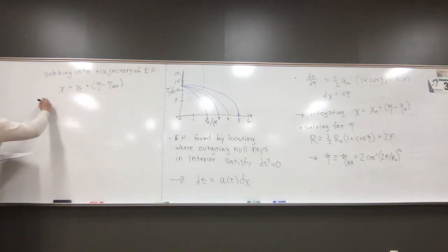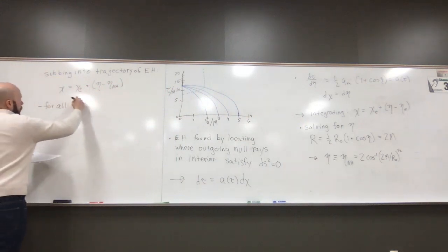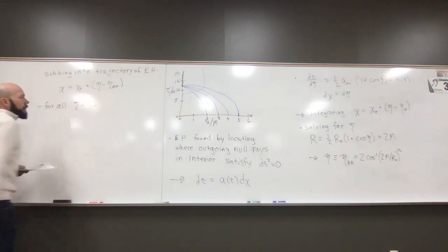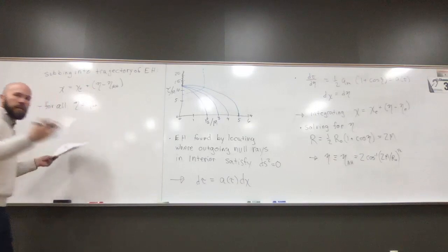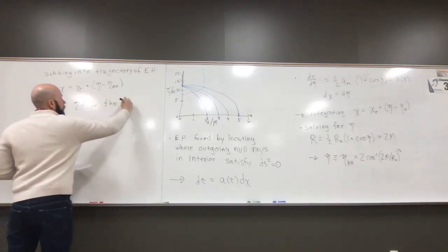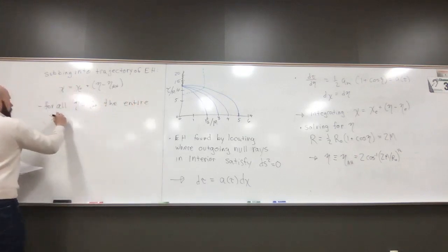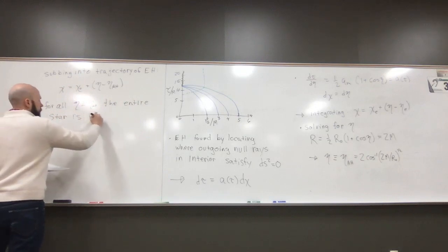And then for all eta greater than or equal to eta AH, which is equivalent to tau greater than tau of eta AH, the entire star is inside the event horizon.